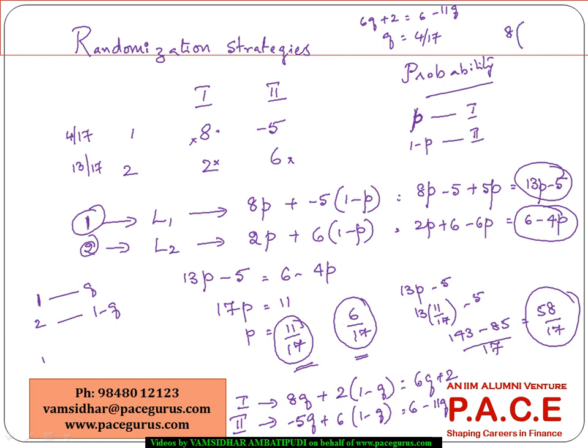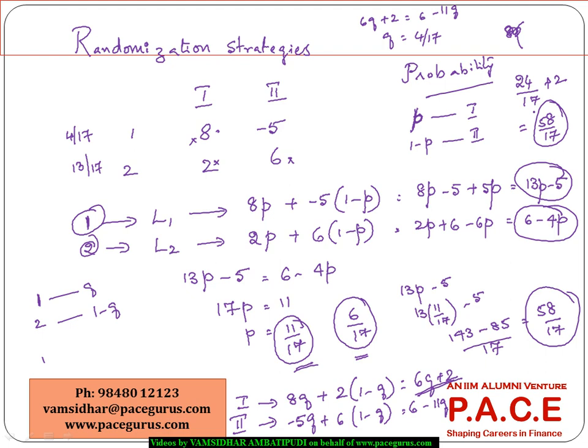What is the gain he is going to get? 6Q plus 2. So 6 into 4, 24 by 17 plus 2, which will again work out to 58 by 17, which means in either of the cases, the gain of one is the same as the loss of the other. So that can very comfortably be talked of as the value of the game.